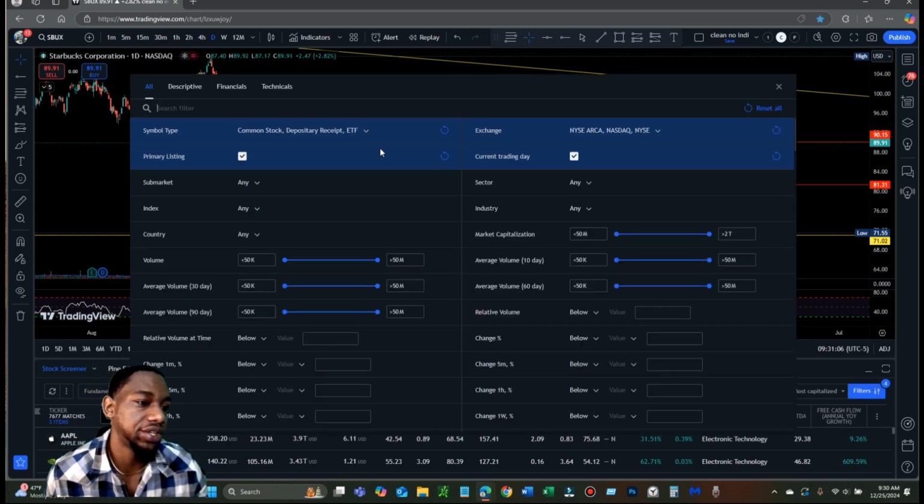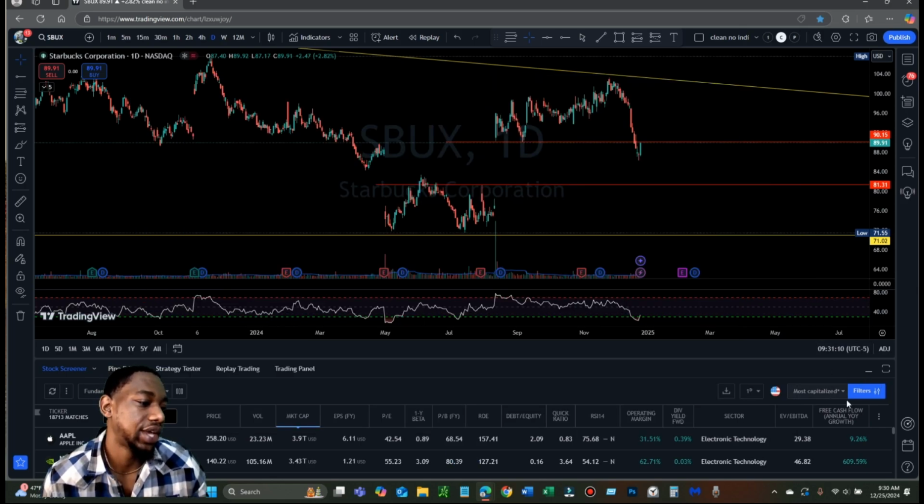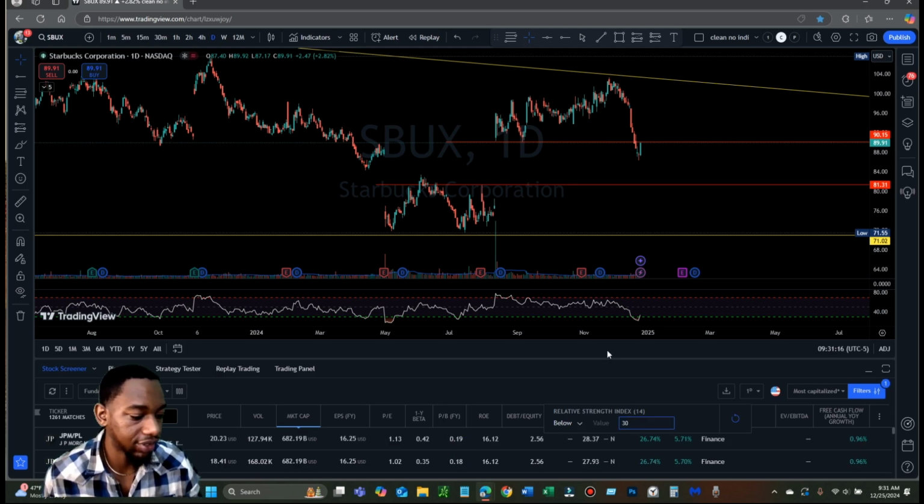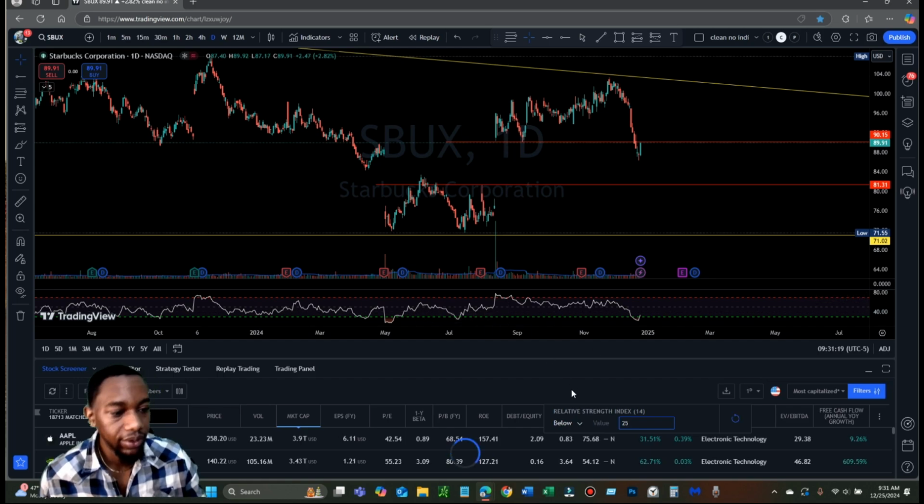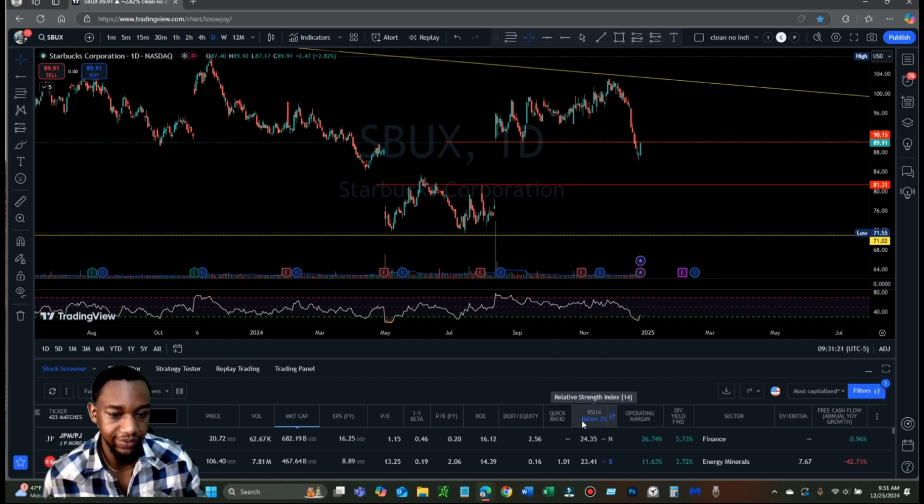First things first, how to use it. Reset all. You don't have to reset all, but I just did it. What we want to do is below 30 RSI, or if you want to be buying on the dip of the dip, below 25.